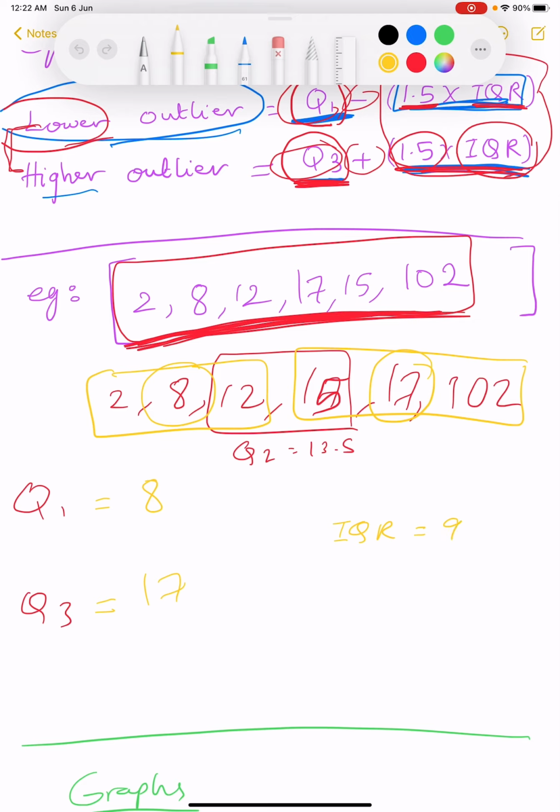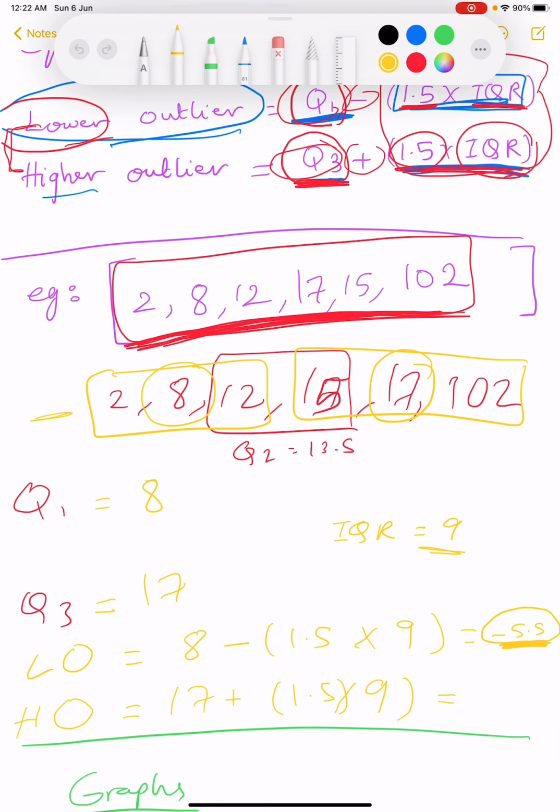For the outliers, the lower bound is Q1, which is 8, minus 1.5 times 9, the IQR. For the higher one, we have 17 plus 1.5 times 9. The lower bound will be negative 55, so any value below negative 55 is an outlier.